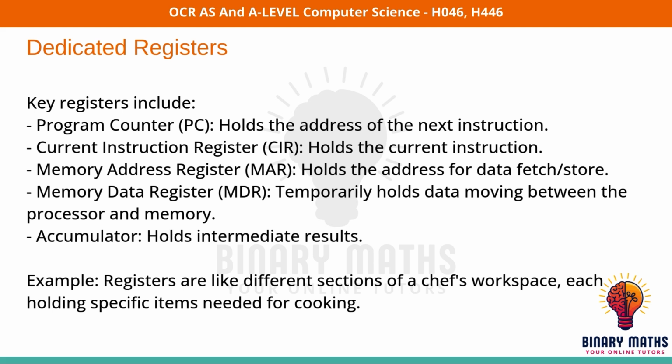The memory address register holds the address of the data to be fetched or stored, while the memory data register temporarily holds the data being transferred between the CPU and memory. The accumulator holds intermediate results of arithmetic and logical operations, allowing for quick and efficient data processing.